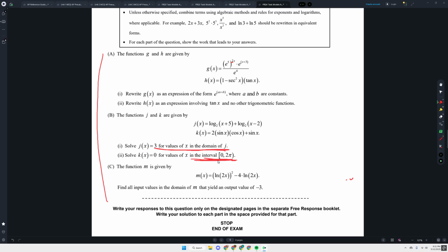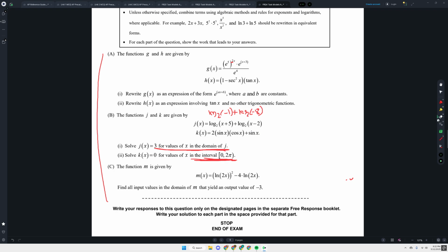So why is -6 not counted? If you plug in -6 into this equation, you would get log base 2 of -1 plus log base 2 of -8, which doesn't exist. You can't have a log of a negative.